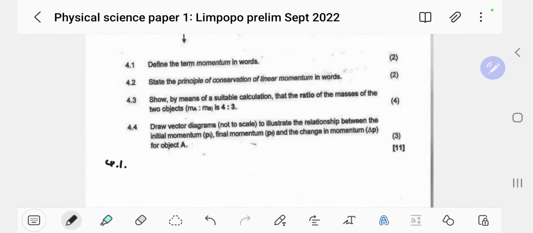4.1. So we know that momentum is defined as what?